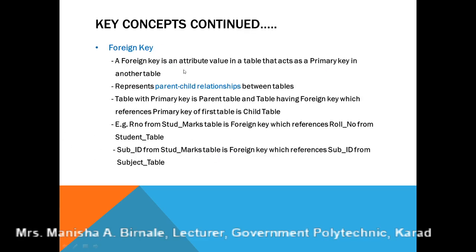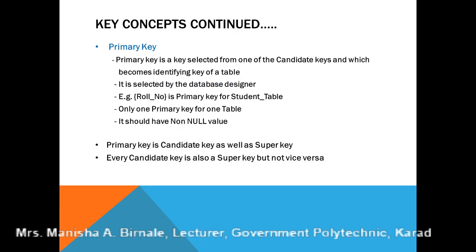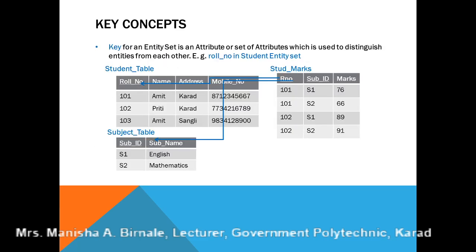A foreign key is an attribute in a table that acts as a primary key in another table. It represents a parent-child relationship between tables. It means the student table is considered a parent table.